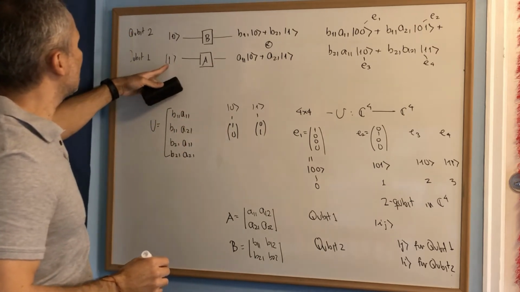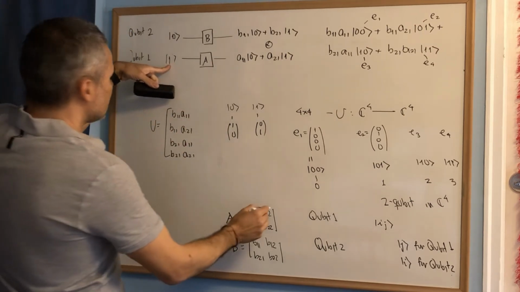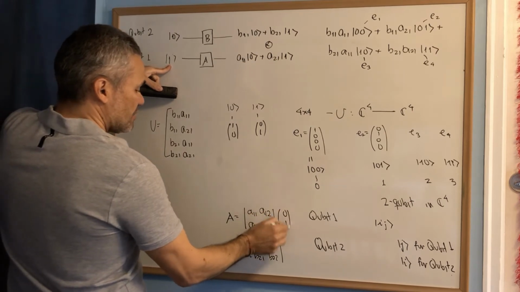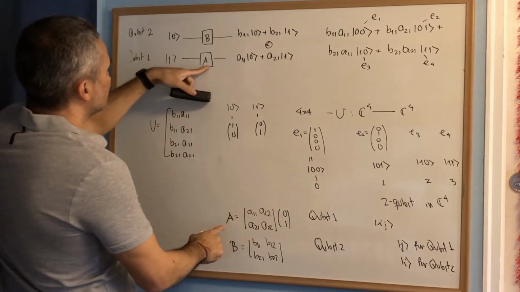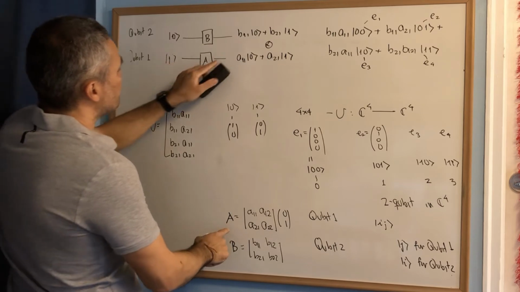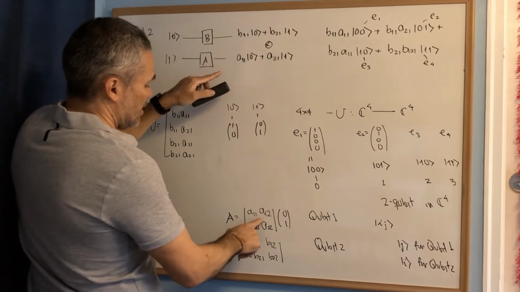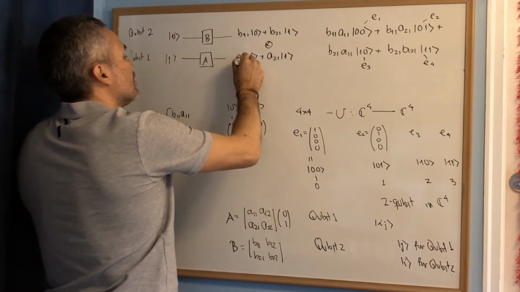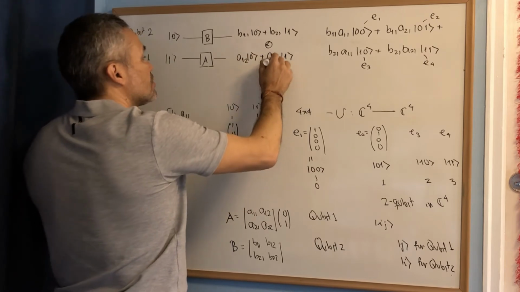Okay, then what changes? Here we have this state, that means we have this vector, and when we see this gate acting on this state, we get A12 and A22.